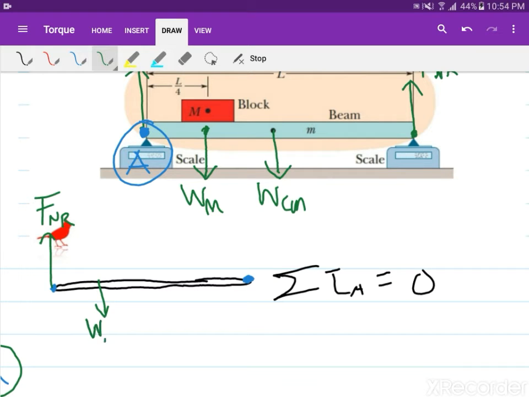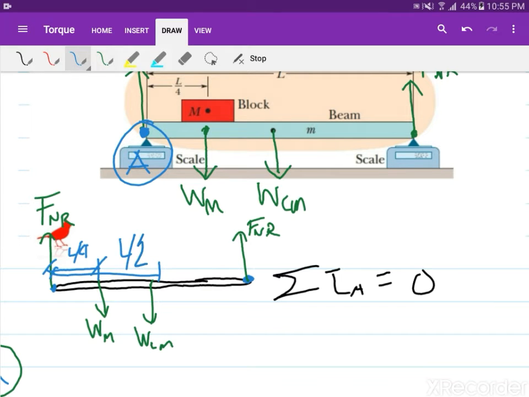We have weight of the block, weight due to the center of mass, and normal force on the right. Let's put the dimensions. This is L over 4. This is L over 2. And the length of the whole beam is L.